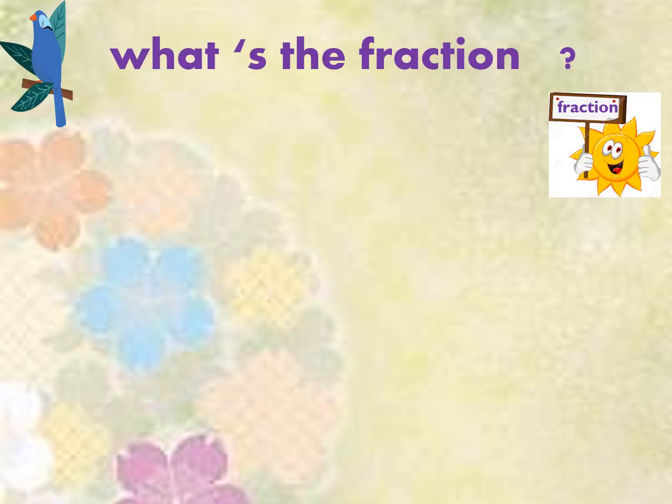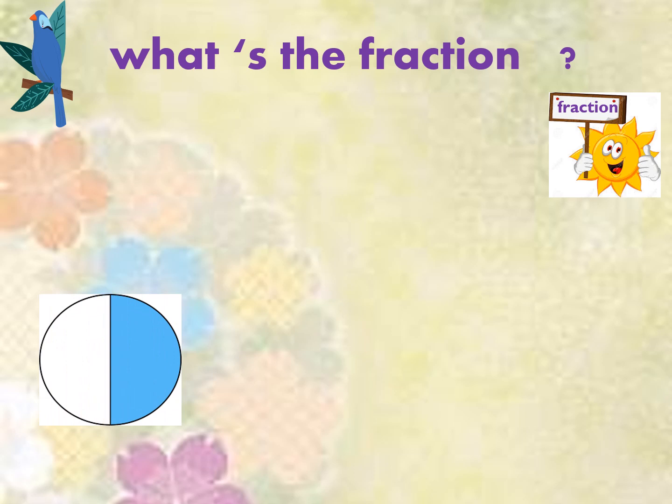What is the fraction? I have here a circle divided into 2 parts, one part colored and one part not colored. Okay, how can I say this in the fraction?